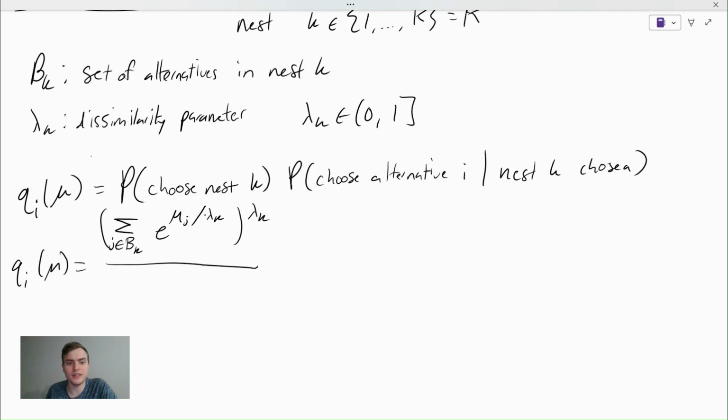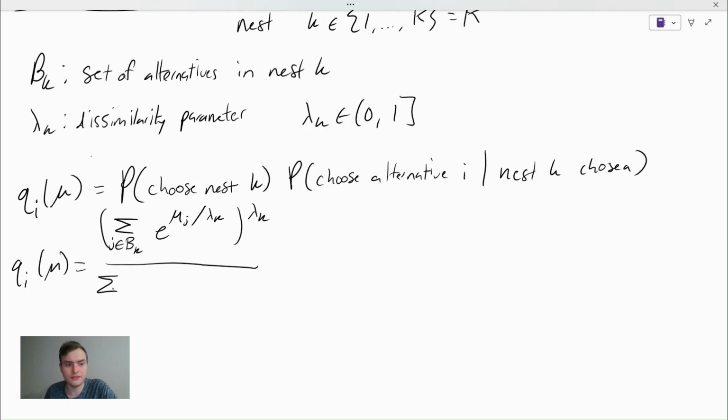So each weight is being divided by lambda K and then after they're all added up, we're raising that whole thing to the power of lambda K. And then the denominator is the sum of this, but not just for nest K, for all the possible nests, right?